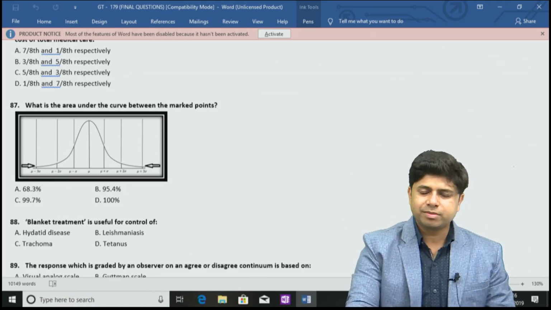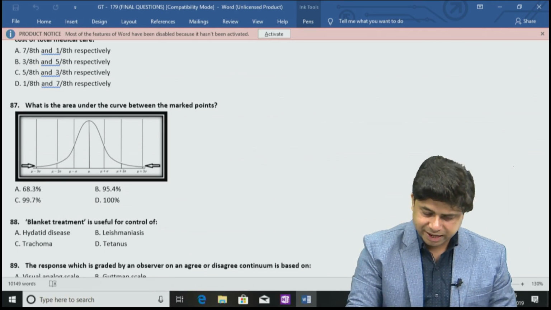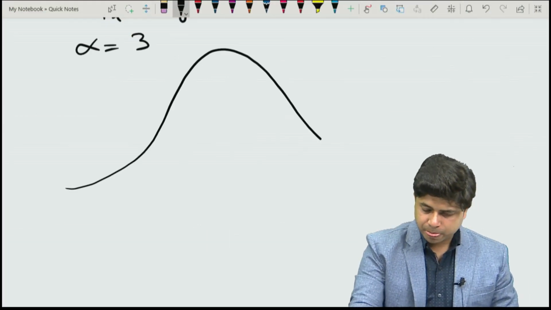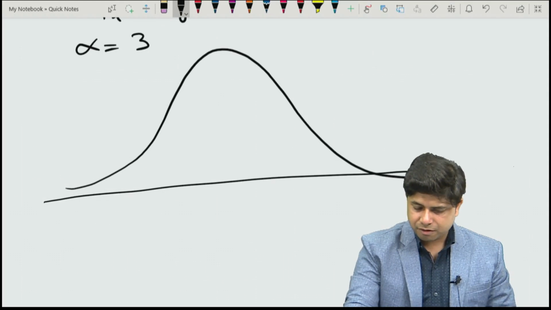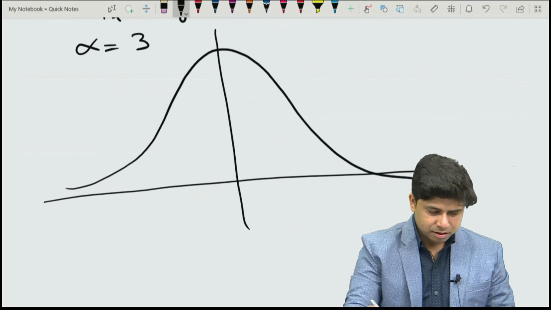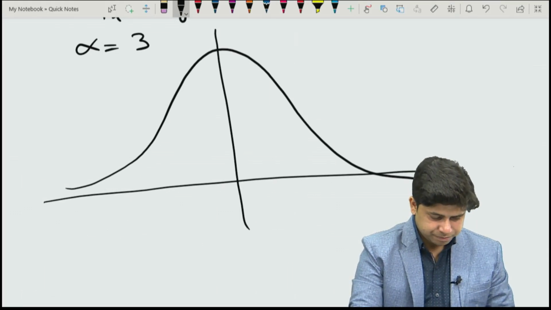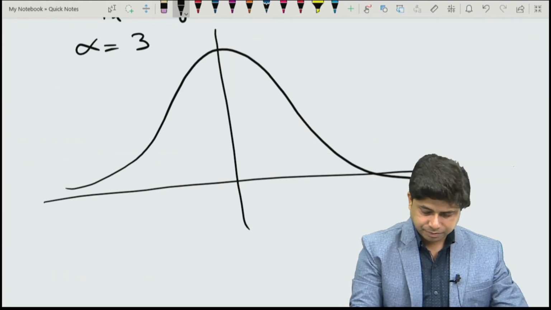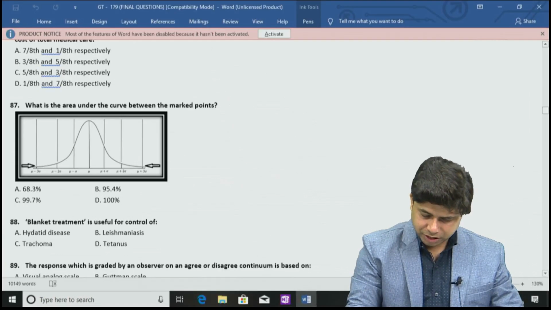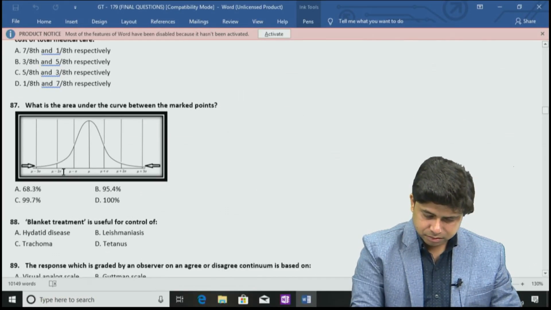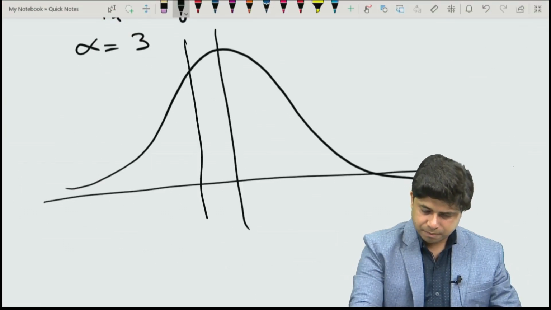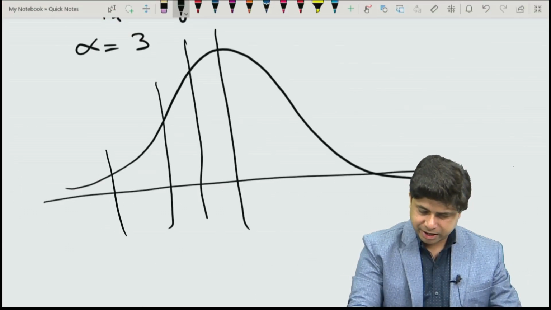Okay, we cannot zoom this, so we will draw this again here in the writing section. So this is a normal distribution curve which follows the Gaussian distribution, and the standard deviations shown here are 1, 2, and 3.